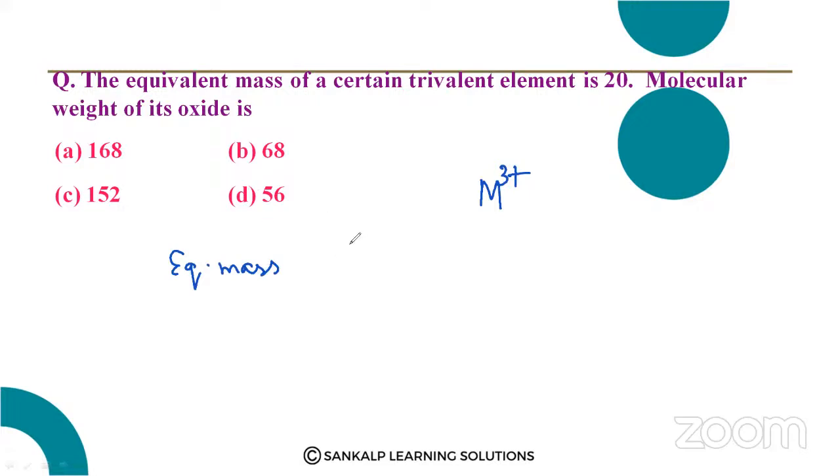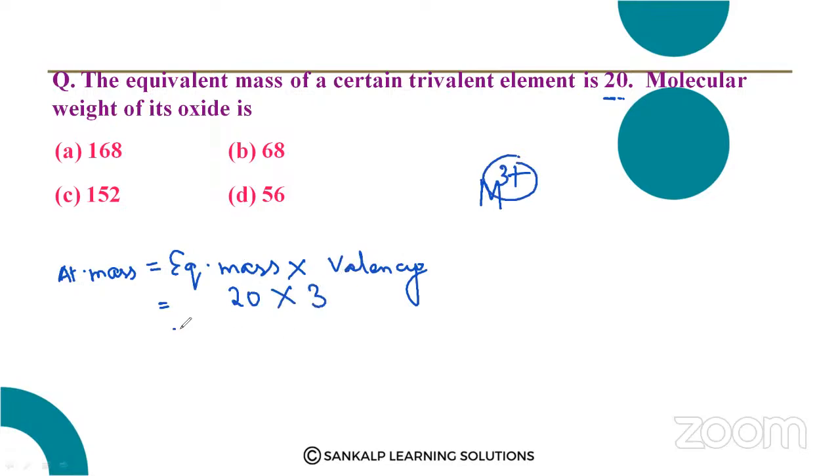So first write down: atomic mass equals equivalent mass into valency. When you are finding the atomic mass, you have to multiply the equivalent mass by the valency. The equivalent mass given of the element is 20, so 20 into the valency of the element, which is 3. So the atomic mass of the element is 60.